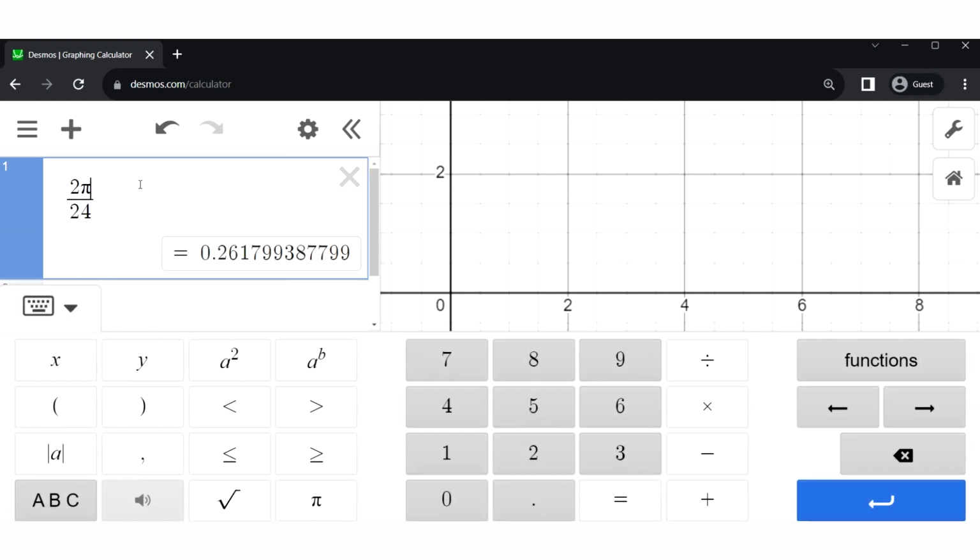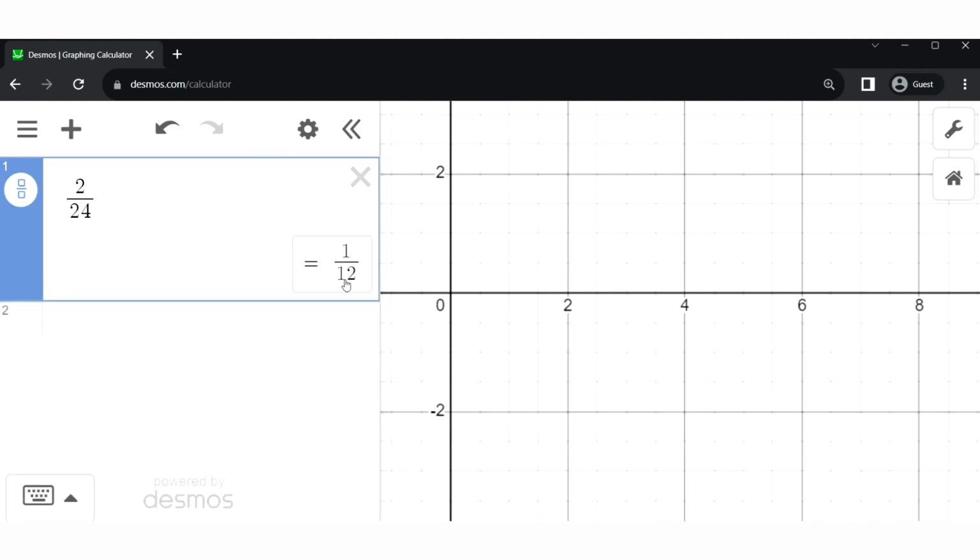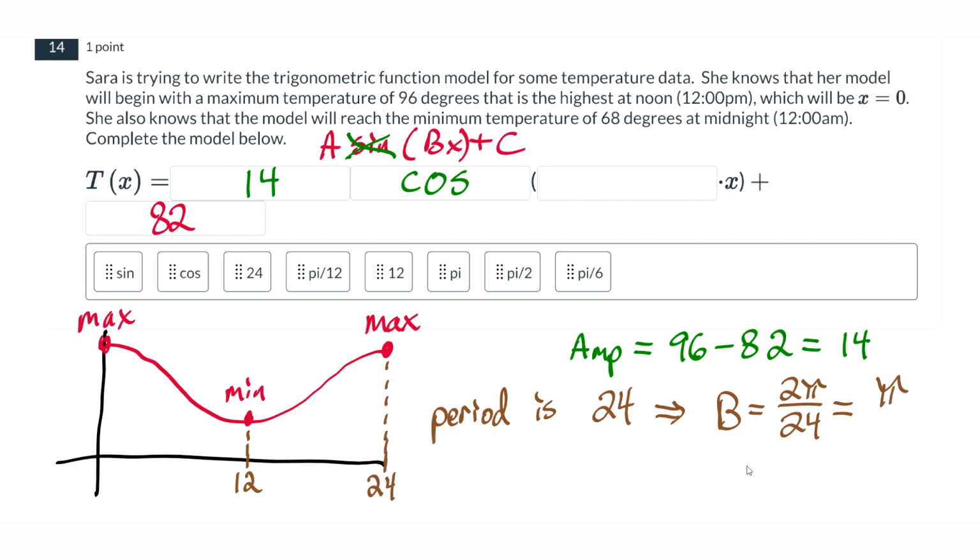But if you take out the pi, Desmos will take care of simplifying your fraction for you, so it's 1/12. But if I put the pi back in the numerator, this is 1 pi over 12, or pi over 12. So pi over 12 would be the b value. Since I'm writing in Canvas, I should write pi/12.